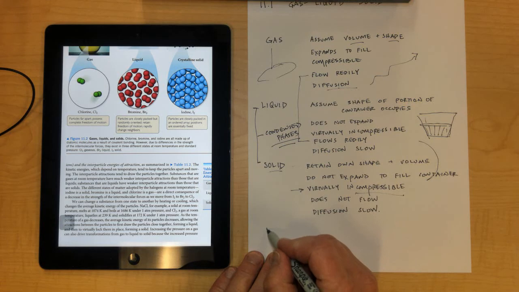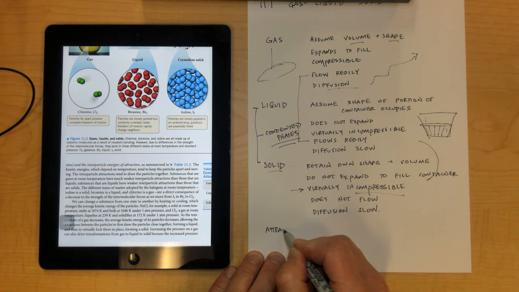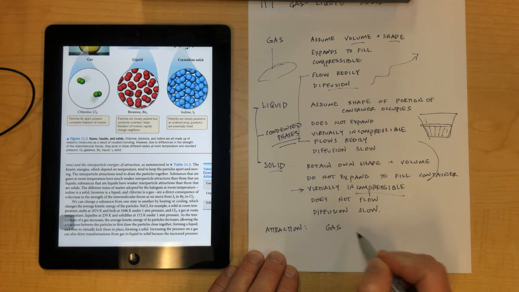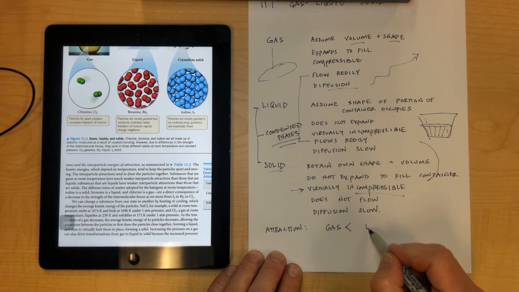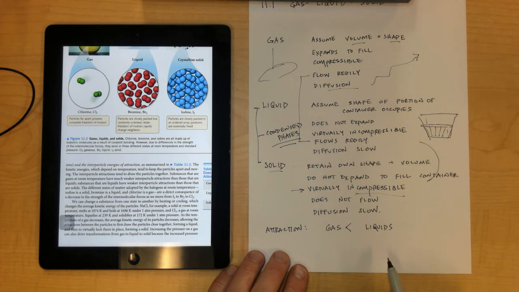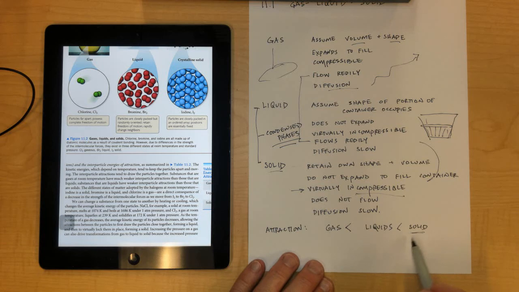So in terms of attractive forces, we would say that gases definitely have the least. And then liquids, they are a little bit more attracted. As a matter of fact, a lot more attracted than gases. And then we'd say that solids are probably a little bit more attractive, depending on what they are, but for the most part, solids stick together.